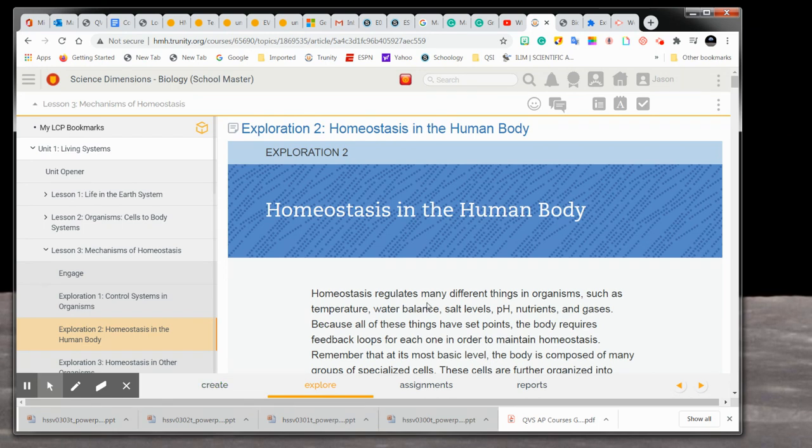In the human body, homeostasis regulates many different things, such as body temperature, water balance, salt levels, pH, nutrients, and gases. Because all these things have specific set points, in other words, specific values that are the optimal range for the body to use, the body requires feedback loops in order to maintain homeostasis.